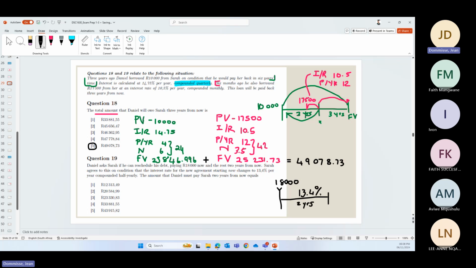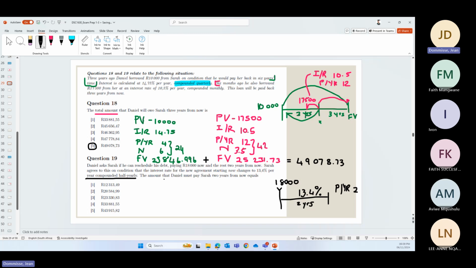Now it becomes 13.4% per year compounded half yearly. It was compounded half yearly in the previous one too. So basically, how many times per year? It is now twice a year. So again, I could have said every 6 months.